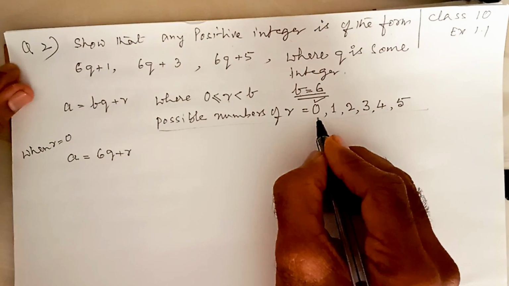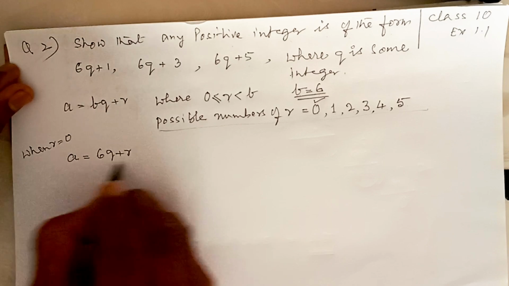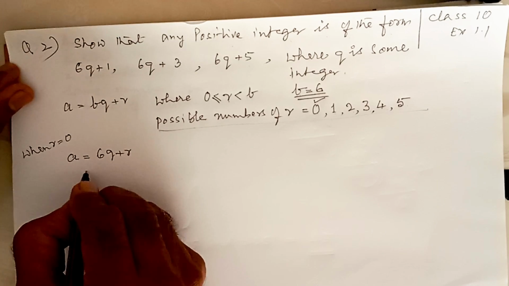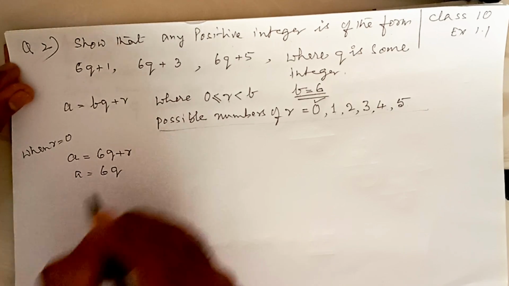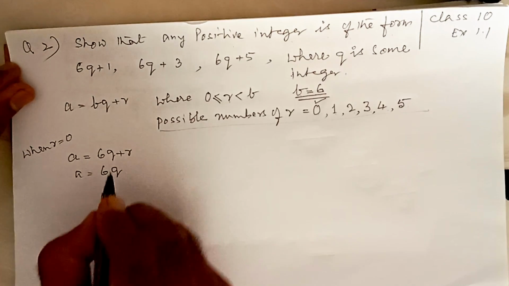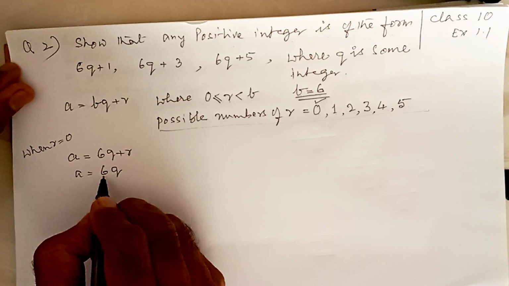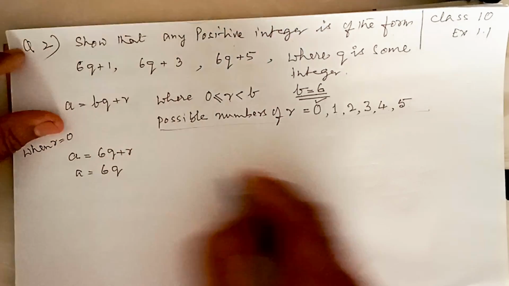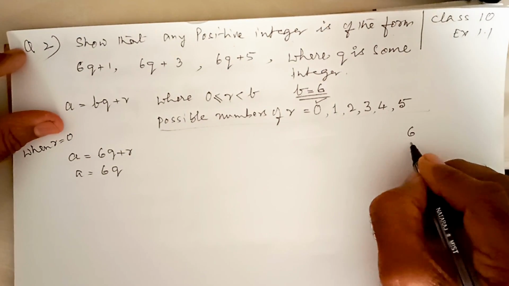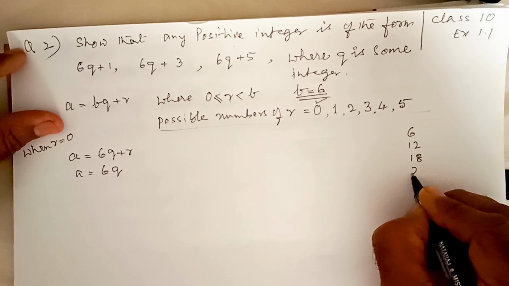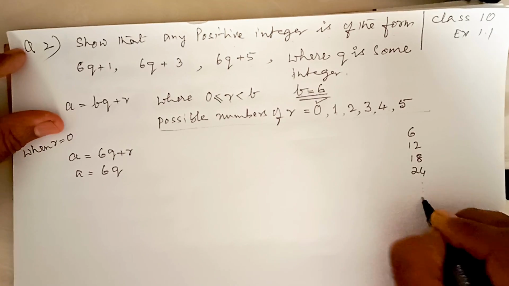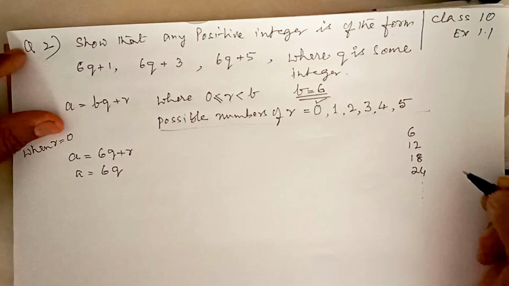Applying r as 0, you get a is equal to 6q. And we know that in the table of 6, you always get even numbers. Example, 6 ones are, 6 twos are, 6 threes are, 6 fours are. Likewise, you get all even numbers.